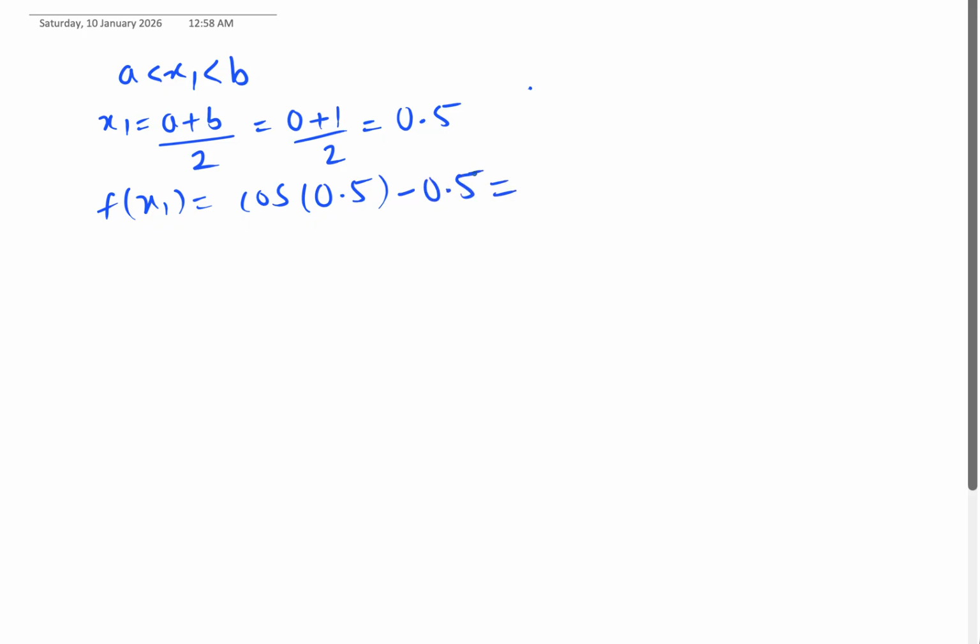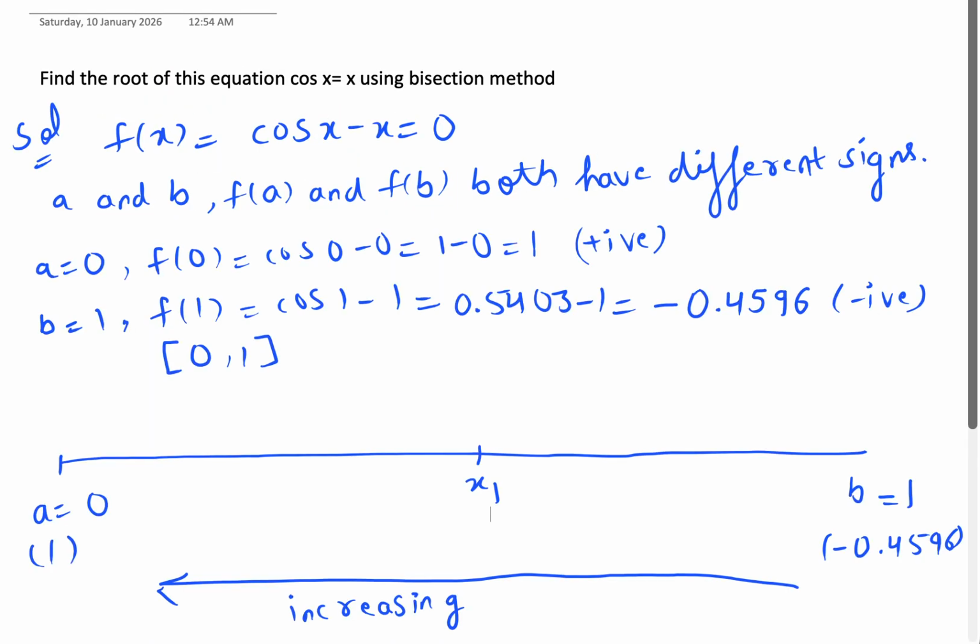I'm again going to use the calculator. Cos 0.5 minus 0.5 is 0.377. So if I go back here, we have got 0.377.